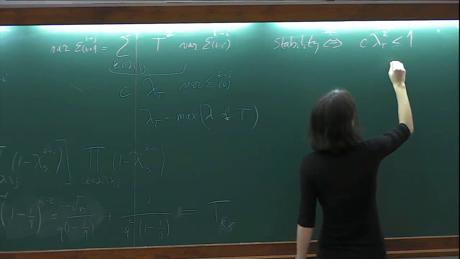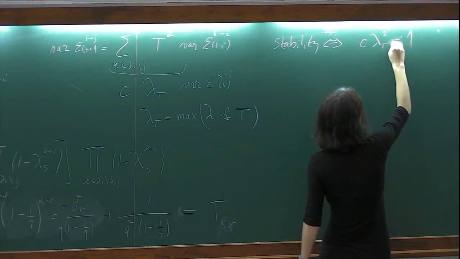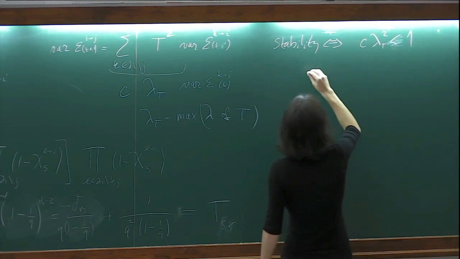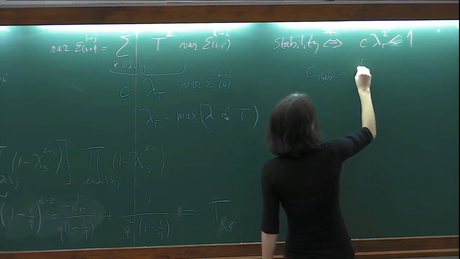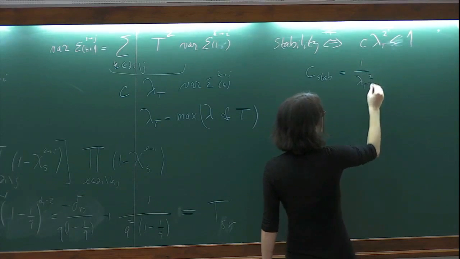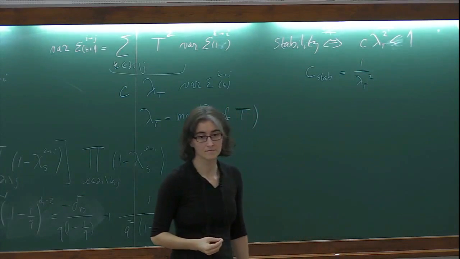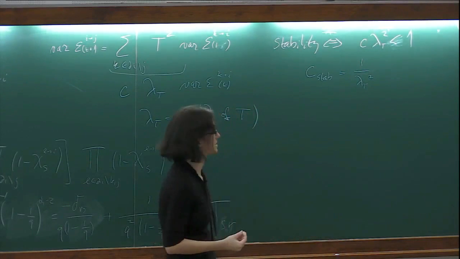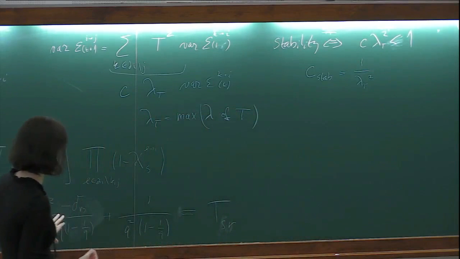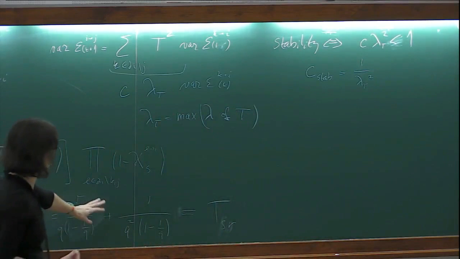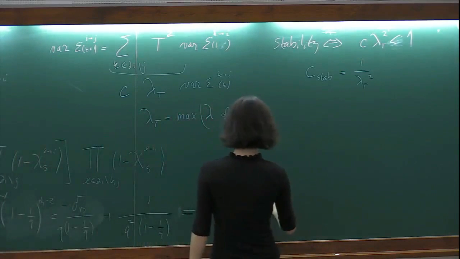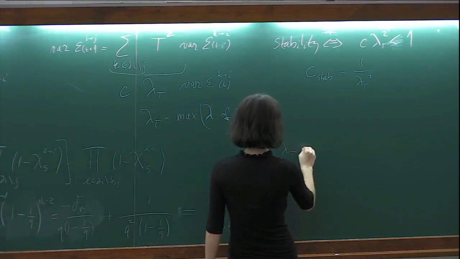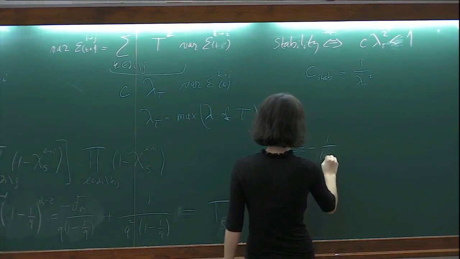So I will define c stability as 1 over lambda_t squared. So the only thing we need to do is compute the largest eigenvalue of this little q by q matrix, and that happens to be minus 1 over q minus 1.